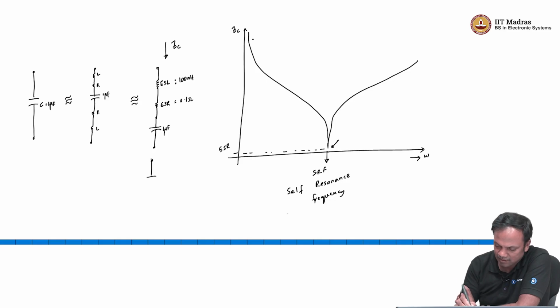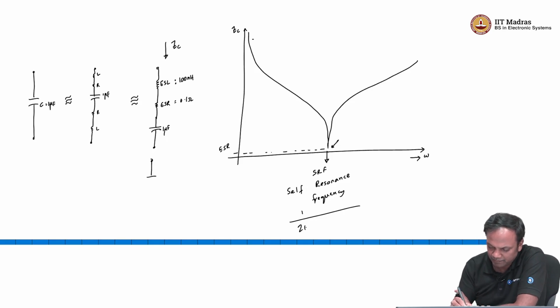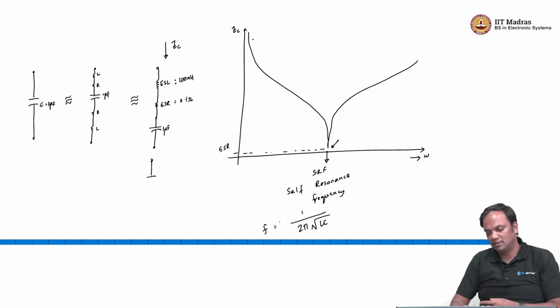The self resonance frequency will be 1 over 2 pi root of LC, right. At this frequency it will have resonance.